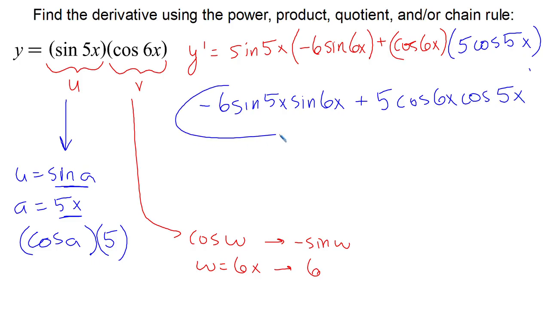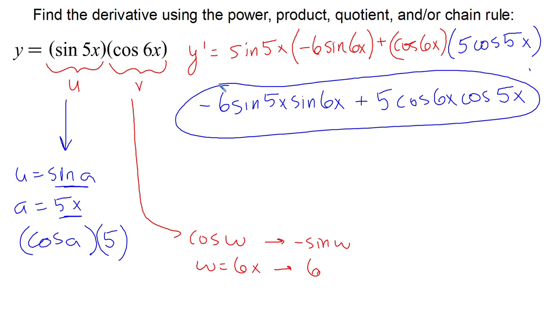And oftentimes, and not sure if I did this in my answer key, but oftentimes I'll put that term that's positive in front of the term that's negative, so I might have just flopped these two around. So I might have written 5 cosine 6x cosine 5x minus 6 sine 5x sine 6x, and maybe flip these around or flip these around, doesn't really matter. Any of those are equivalent to each other and would be perfectly acceptable answers.